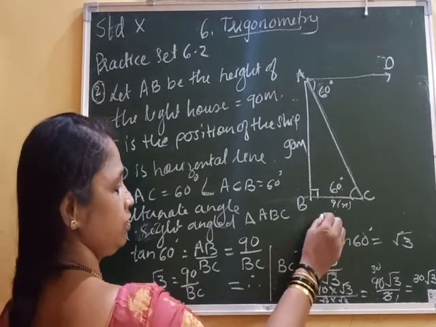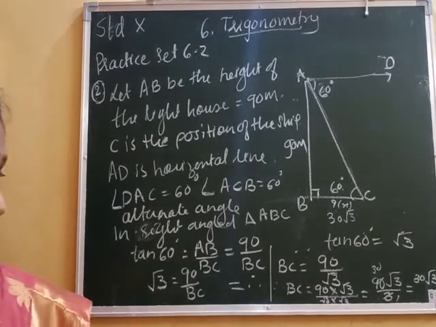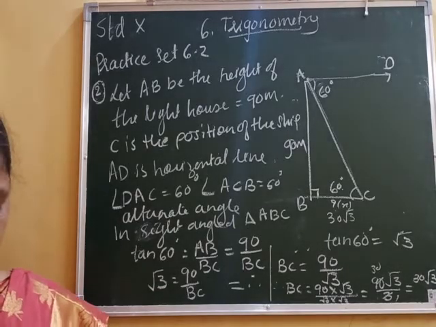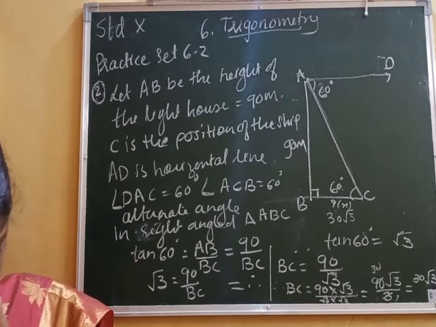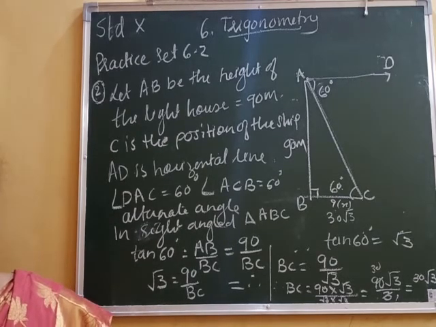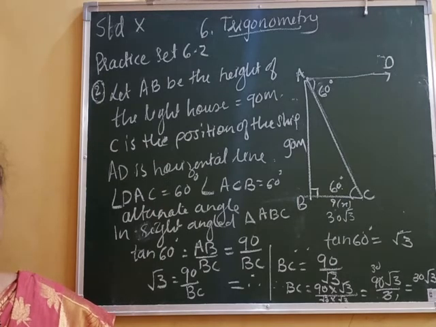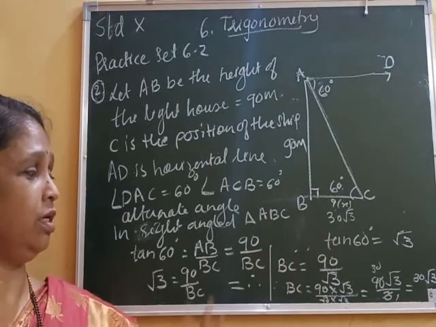So 30 root 3 is the distance of the ship from the lighthouse.